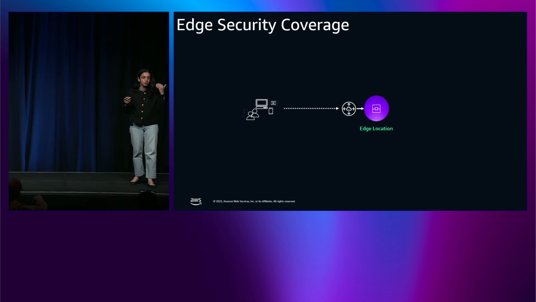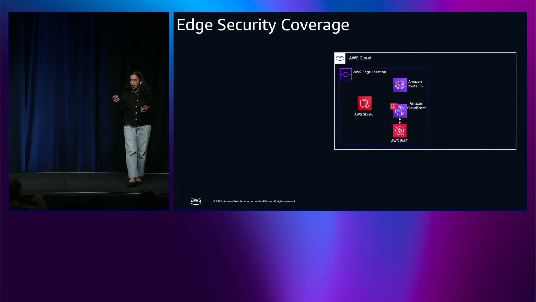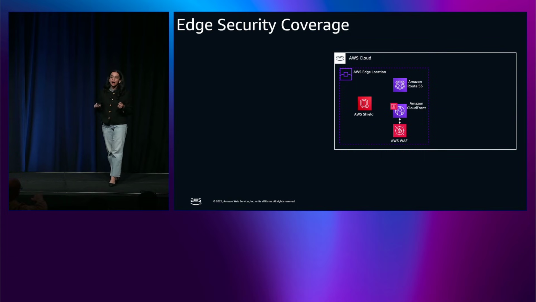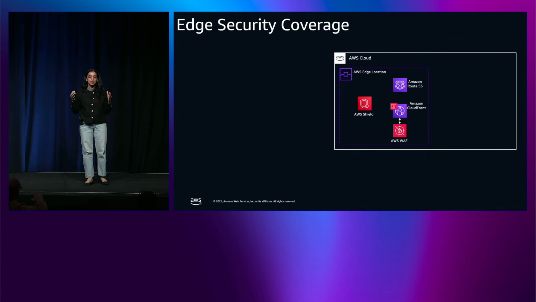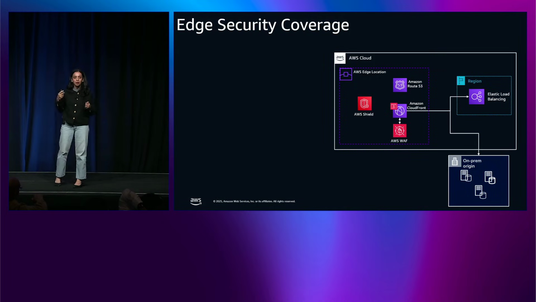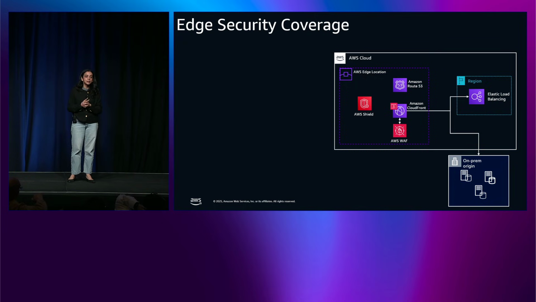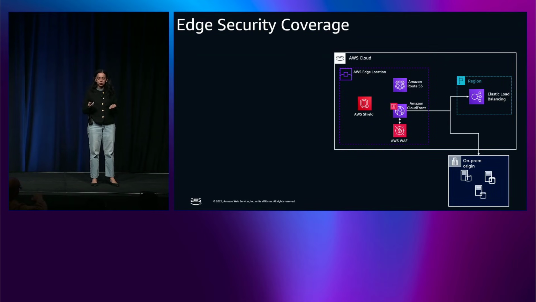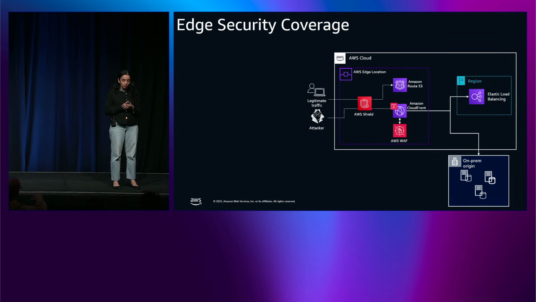And when you think about the edge services for AWS, you have CloudFront, you have AWS WAF, you have Shield that are running on this scaled-out infrastructure that is sitting in front of your applications. This application could be an ALB endpoint in the region. It can be an on-prem application that is running in your own data centers. The edge services provide that layer of protection to your services. But functionally, what goes on here, let's take a deeper look at that.